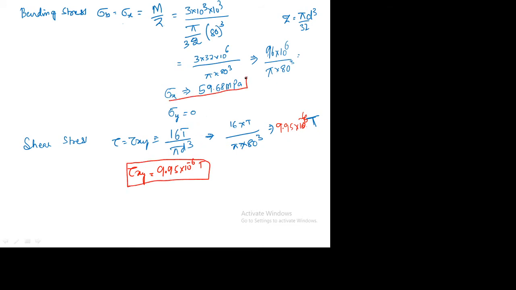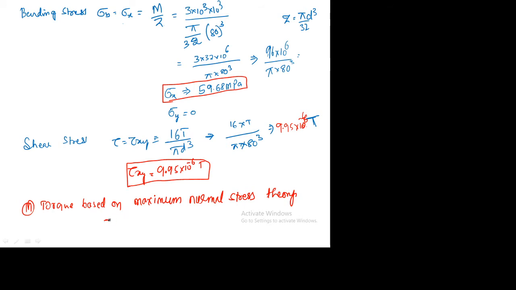Is it right? Yes, sir, 9.95 into 10 to the power of minus 6 T. Now you go for the torque based on the maximum normal stress theory. So sigma E equal to, you note down from the design data handbook.